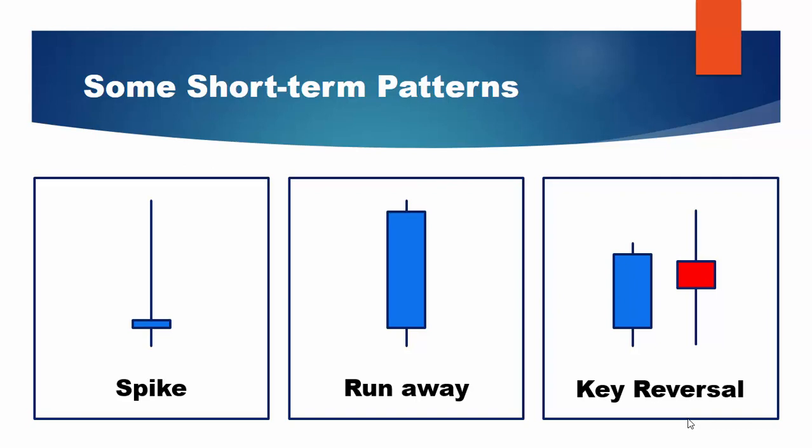A runaway is a wide-range day with a low near the open and a high near the close. Key reversals are two-day patterns where the second day can register a higher high than yesterday, but it closes somewhere lower than yesterday's close.